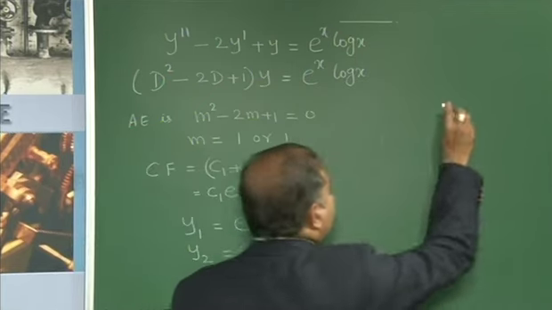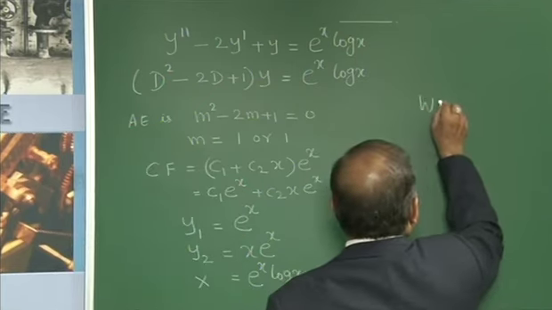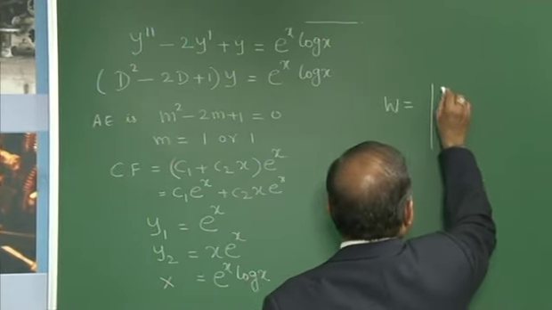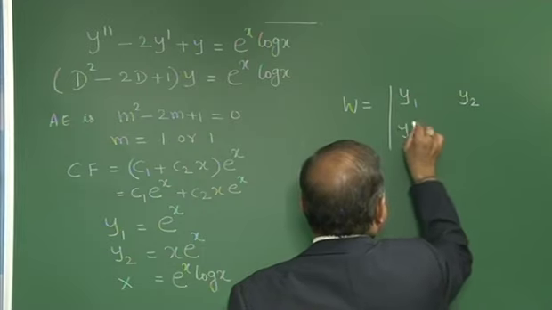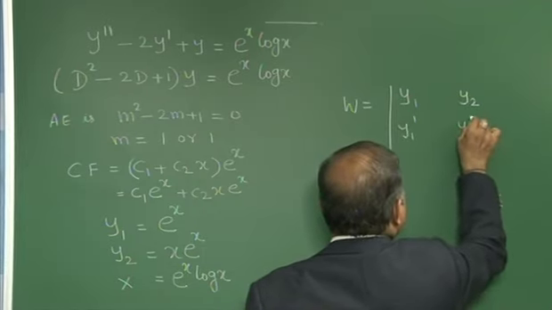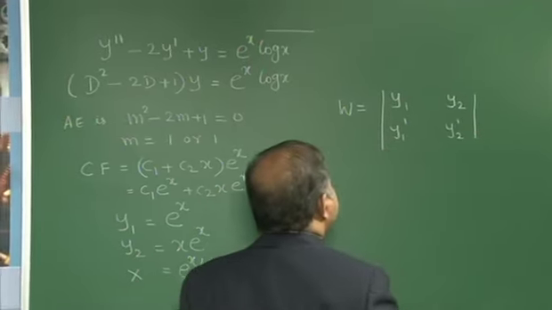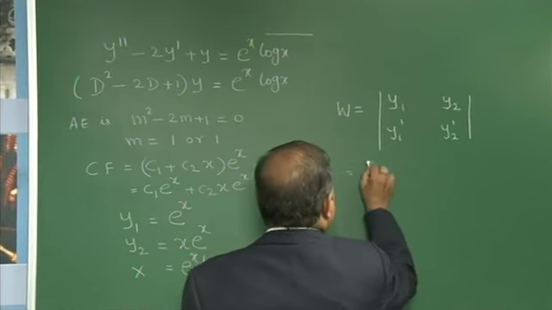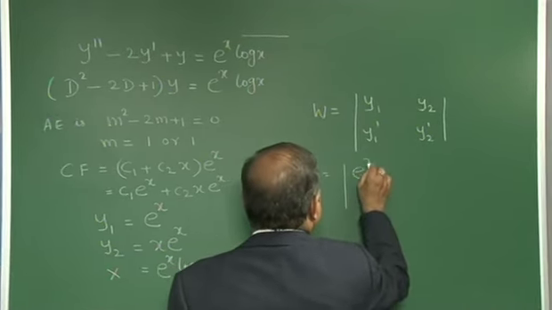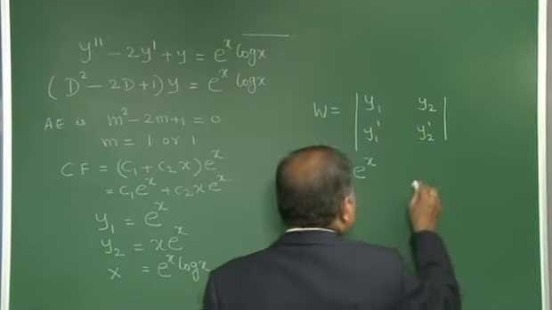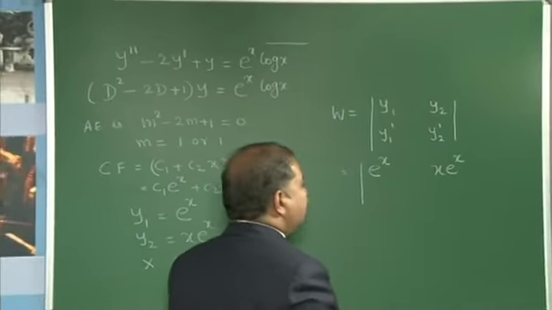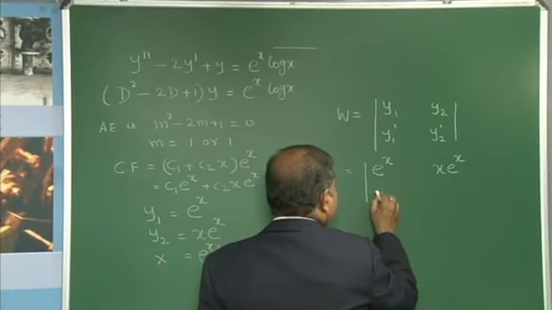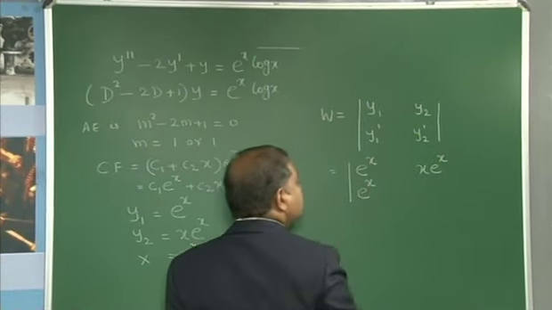Now find the value of W. What is W? The determinant of y1, y2, y1 dash, y2 dash; dash is nothing but the differentiation. So y1 is e^x, y2 is x e^x. Differentiation of e^x is e^x only.